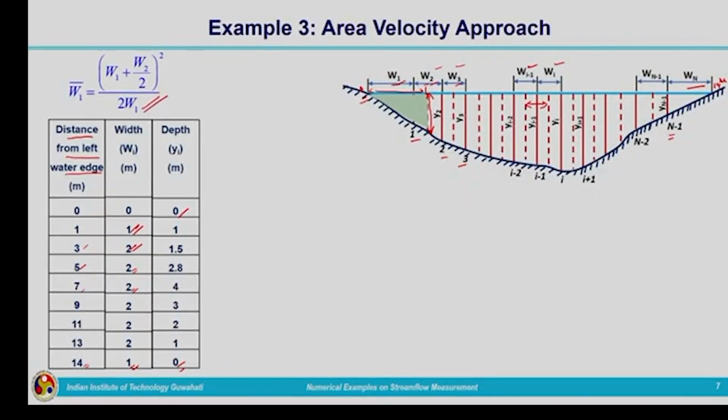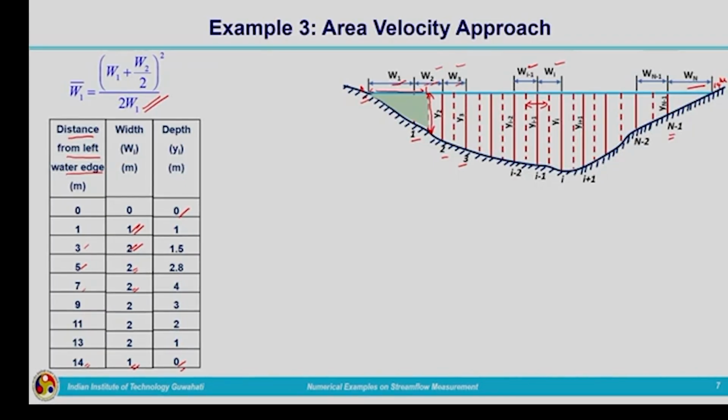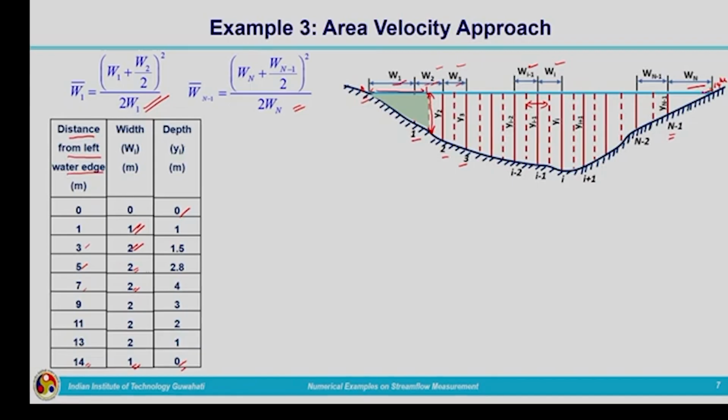Corresponding to the first segment and the last segment, average width can be calculated by using this formula. How the average width is taken in this form, we have seen while discussing the area velocity approach. So, W n minus 1, that is corresponding to the last segment, is given by this formula: W1 plus W2 divided by 2, whole square, divided by 2 W1.